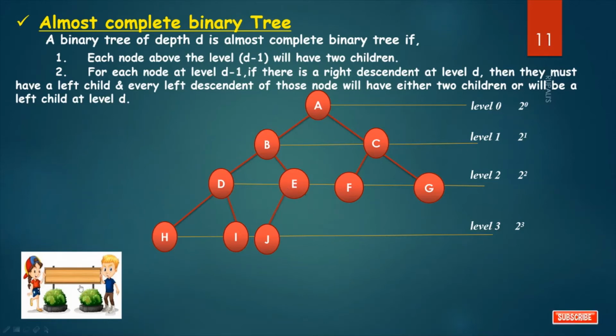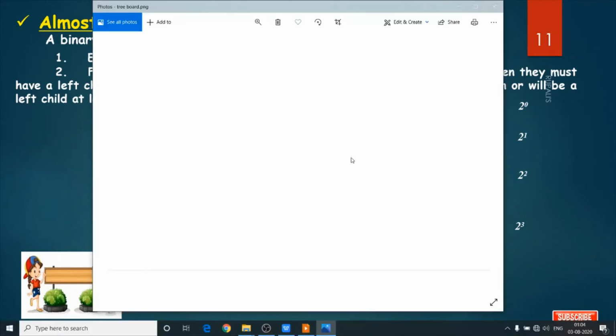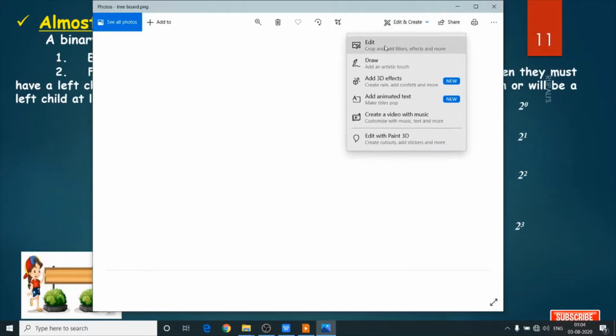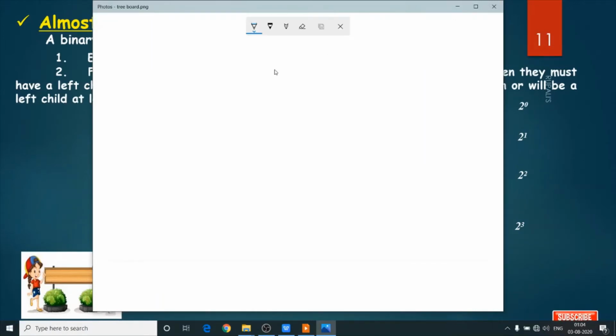Okay, now see this example, then it will be more clear for you. See here, I want to draw. See, this is root. Is this an almost complete binary tree? Yes. Now I write the right child. Is this one an almost complete binary tree? No. You have to first draw this one.